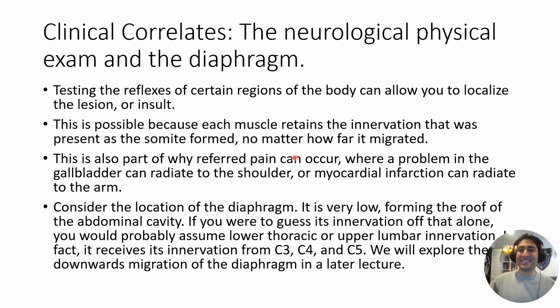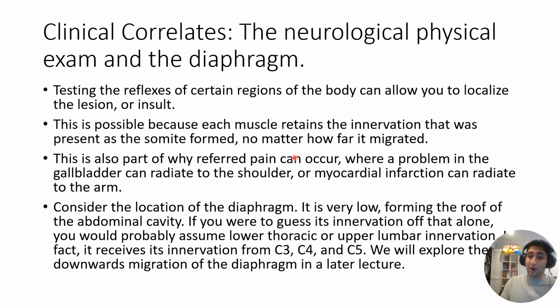Even though the diaphragm descends, it's not innervated by the thoracic or the lumbar nerves. No, it keeps its innervation from its original somites. So it keeps its innervation from C3, C4, C5, which keep the diaphragm alive. Okay, that's the saying. C3, C4, C5 keeps the diaphragm alive. But irritation of the diaphragm can present as pain higher up. It can be referred to a different region of the body that is also innervated.